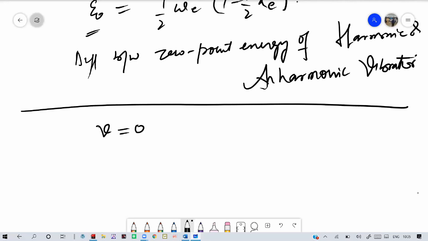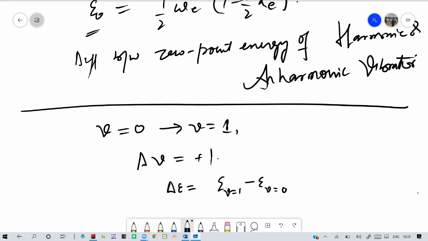When there is a transition from nu equal to 0 to nu equal to 1, delta nu is plus 1. Now there is no restriction on delta nu. It is plus minus 1, plus minus 2, plus minus 3, emission and absorption both. So when the intensity is very large for this transition, delta E will be equal to E at nu equal to 1 minus E at nu equal to 0.